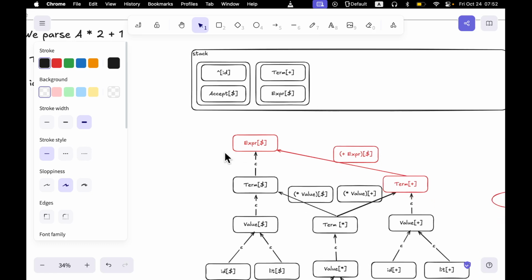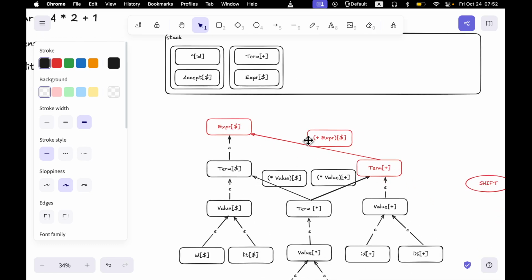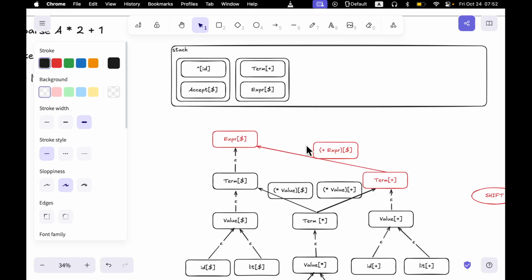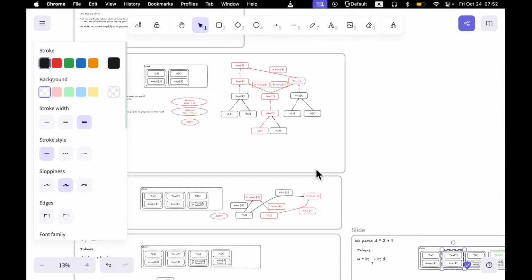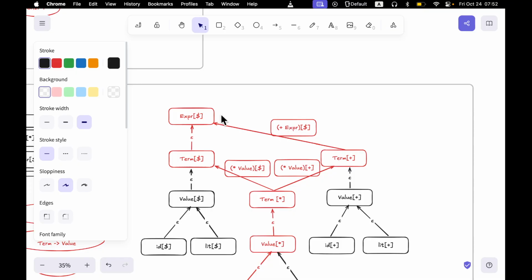And of course there is a path that can shift the plus character, because that is what we calculated here in the first place, right?